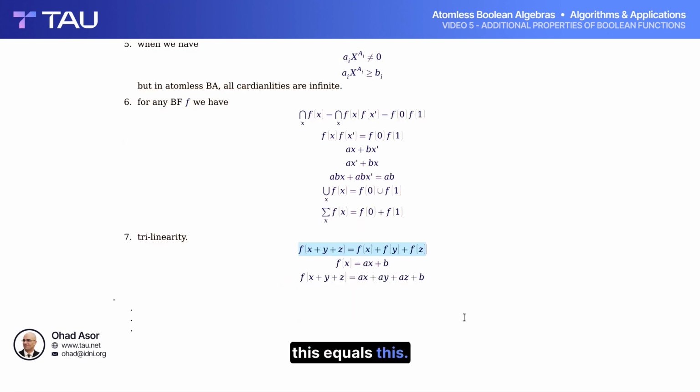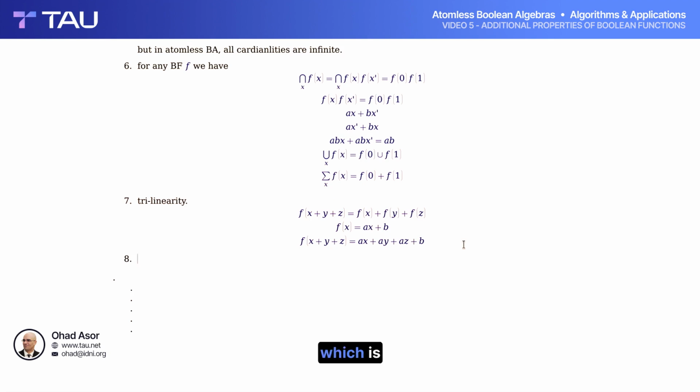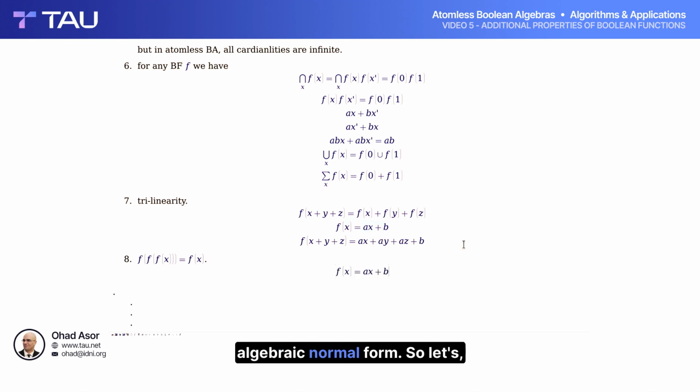Another interesting property, which is a special case of something that we will need later: f(f(x)) equals f(x). And this we can also do in algebraic normal form.